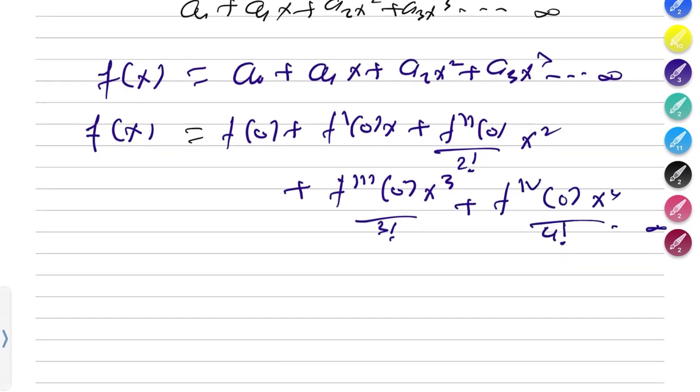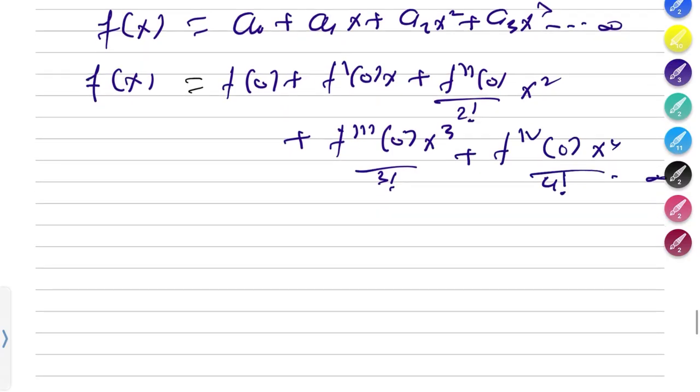This is how we can write any function in terms of the power series. But it's not necessary that all functions can be written in terms of power series. There is some condition. What is the condition?